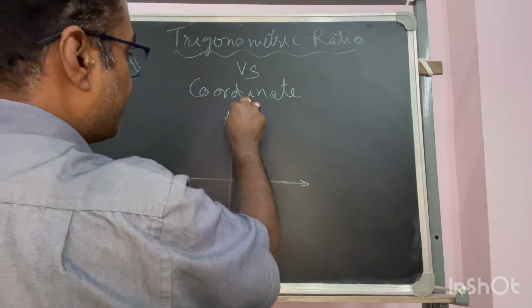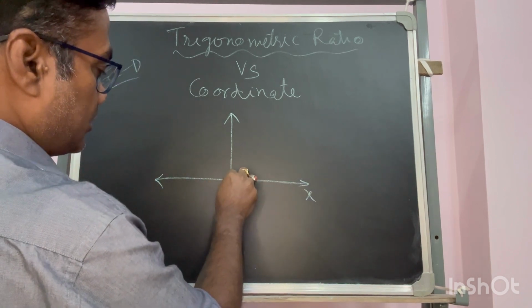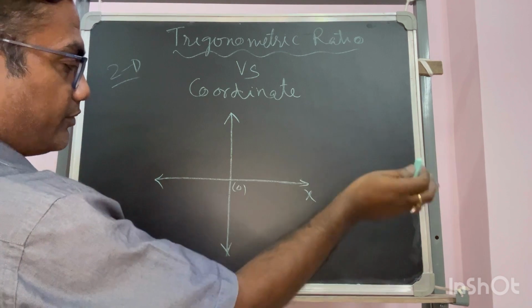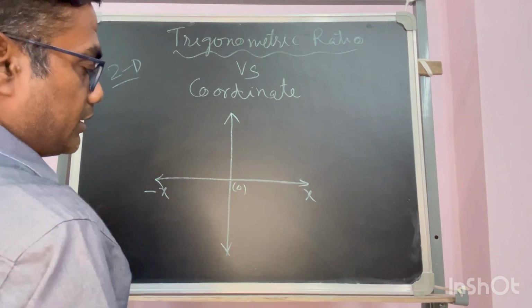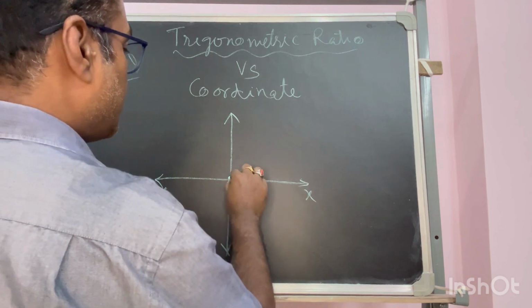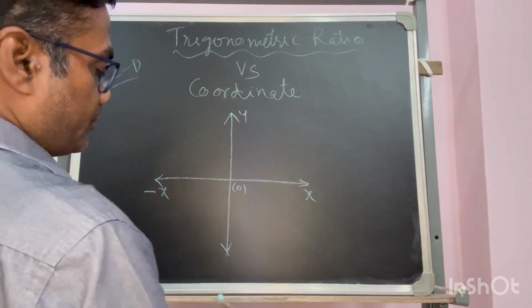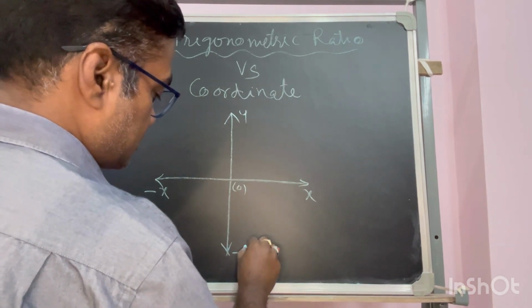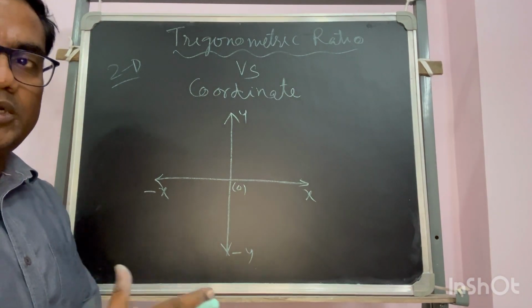Those lines are x and y, and their intersection point is called the origin. The right hand side of the origin on the x-axis is called positive x, the left hand side is called negative x. The top of the origin on y is called positive y, and below the origin is called negative y. This is the basic orientation of a coordinate system.